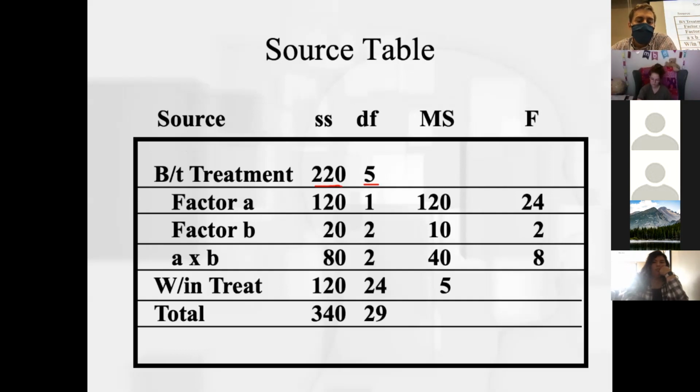For factor B, our sum of squares was 20. Our levels of factor B was 3 minus 1, or 2. Our interaction sum of squares was 80. And our degrees of freedom, again, is going to be 5 minus 1 minus 2, or 2.